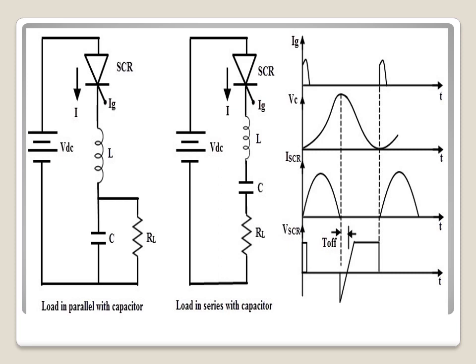Once the capacitor gets charged up to the peak of the supply input, the polarity of the inductor connected in the circuit gets reversed, and now the inductor will oppose any further flow of current through it. As the inductor does not allow further flow of current, the output current starts to decrease and reaches zero.